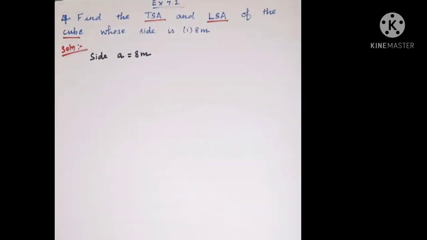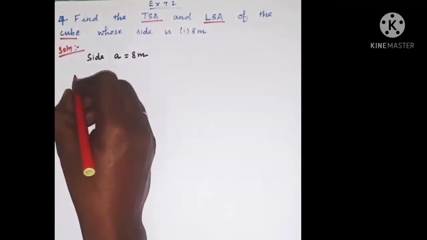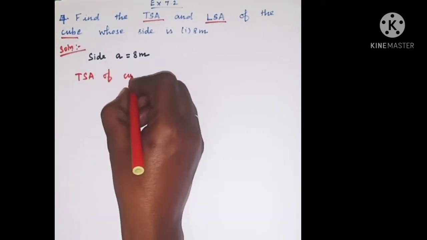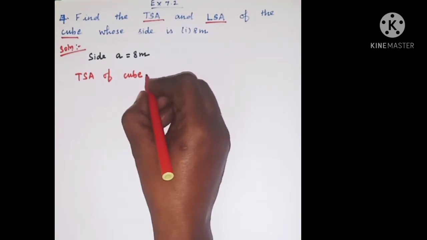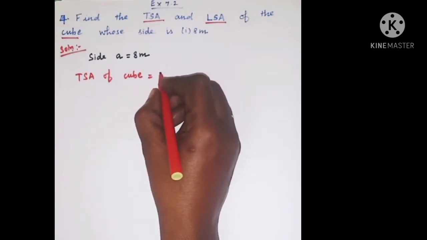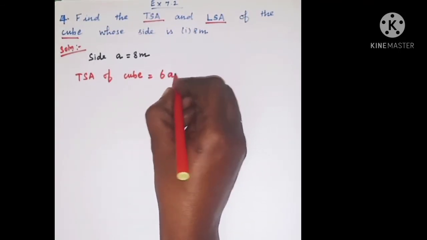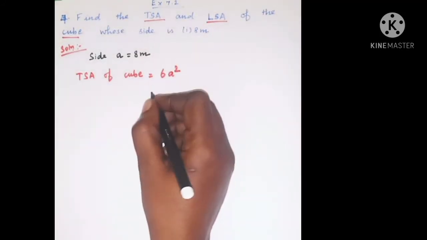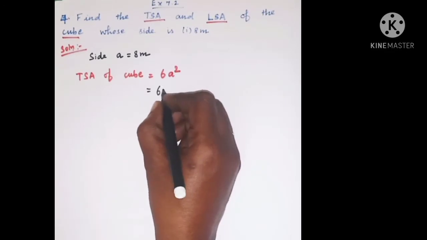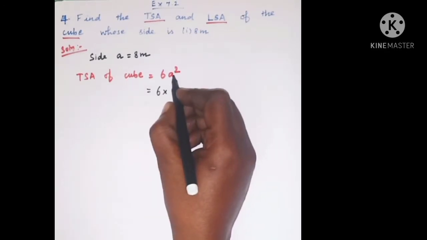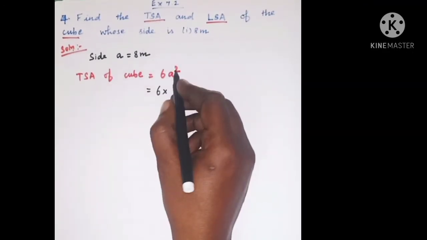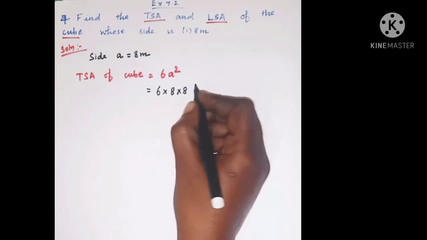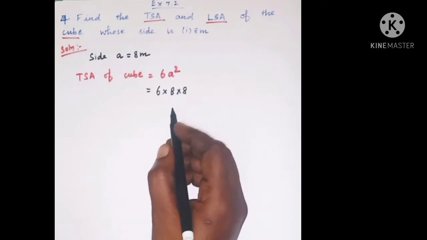Now we have to write the formula of TSA of cube. Total surface area of cube is equal to 6a square units, isn't it? So, which is equal to 6 into a square, where a is 8. So we write 8 into 8.